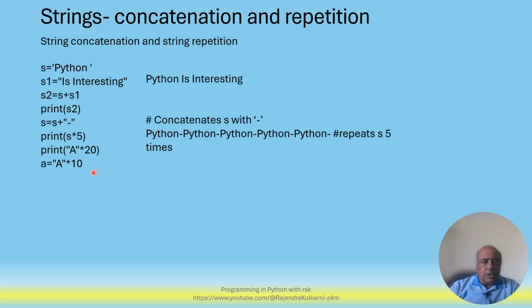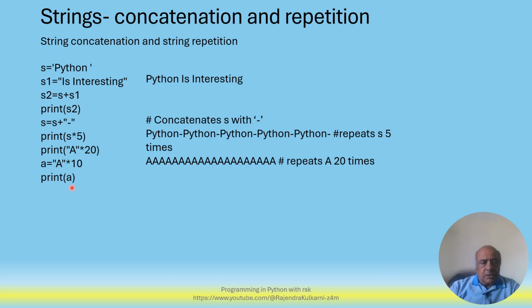We can also assign a certain value to a string which we want to appear a number of times. Now in this case it is a into 10, that is possible. Print a into 20 repeats a 20 times.